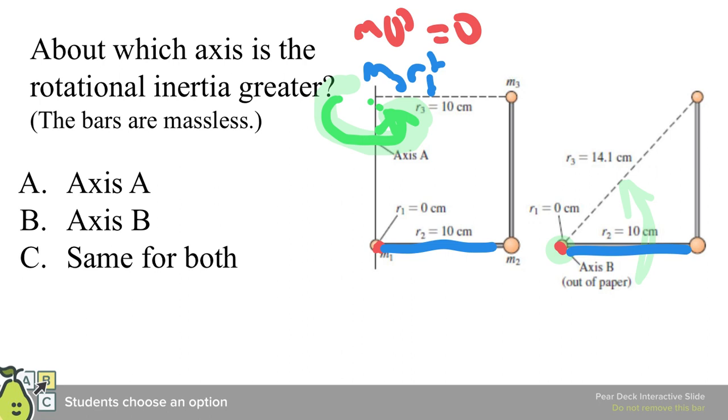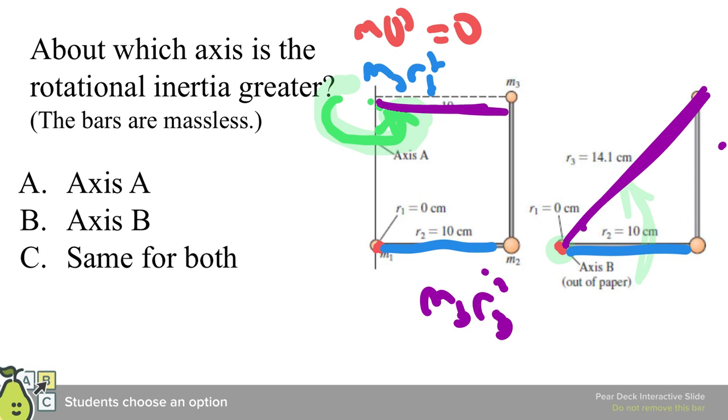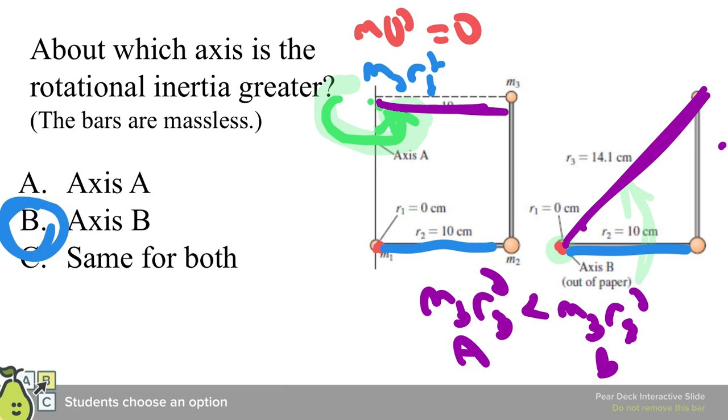So it all comes down to what happens with this third one. And now we can see that in case A, the radius is smaller than in case B. And so M3 R3 squared is going to be smaller there than it is here. So when we add them, it will also be smaller. And so we end up with B being the greater one.